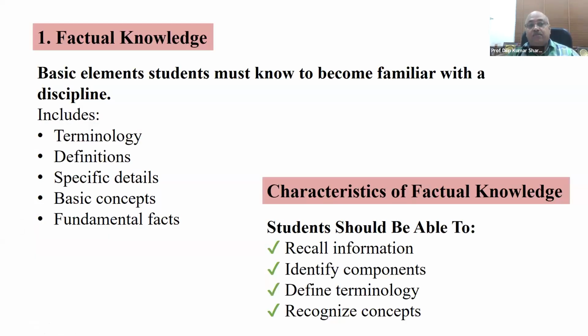So I have factual knowledge. These are the basic elements the student must know to become familiar with the discipline, like terminologies, definitions, specific details, basic concepts, and fundamental facts. With factual knowledge, the student should be able to recall information, identify components, define terminology, and recognize concepts. So factual knowledge is also very important basic knowledge.